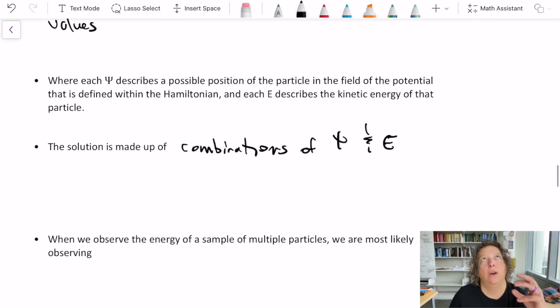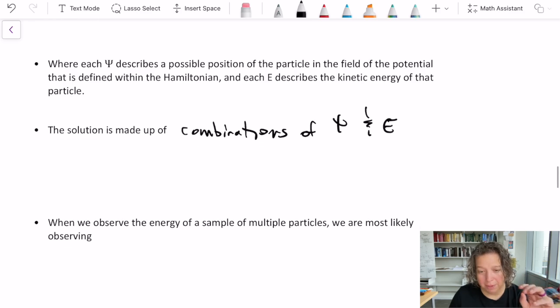So we talk about the energies of these particles as being quantized. But when we observe a system, we aren't observing a bunch of discrete energies. So what's going on?